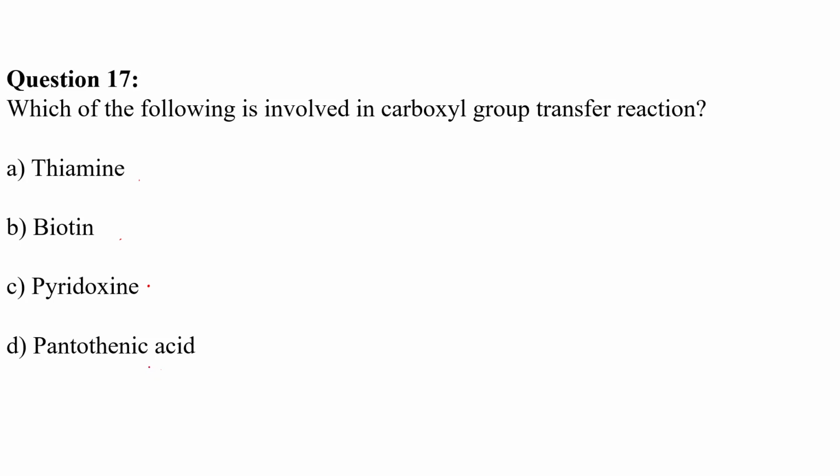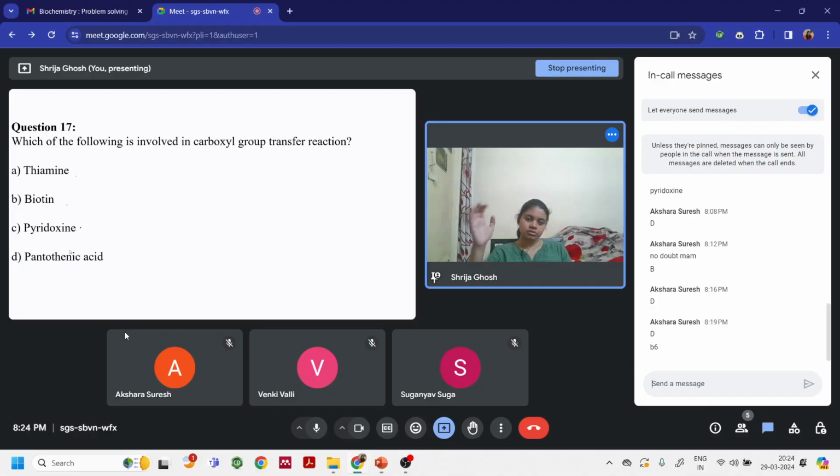What would be the correct answer here? Option A thiamine, option B biotin, option C pyridoxine, and option D pantothenic acid.